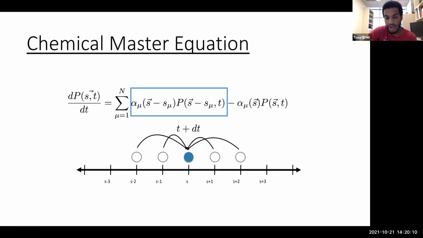Then the other term is transitions to your current state. It's essentially the opposite, but the idea is you're moving from an S-1 or an S+1 state to your state S. And so there is always some sort of kinetic rate that allows you to transition between these states. And this alpha term is called the propensity, and that is related to the probability of transitioning between the states.